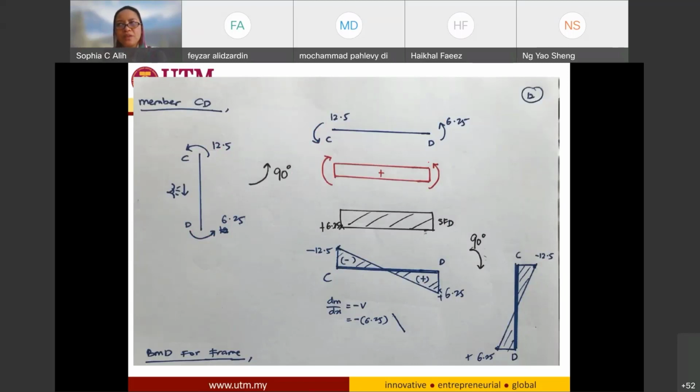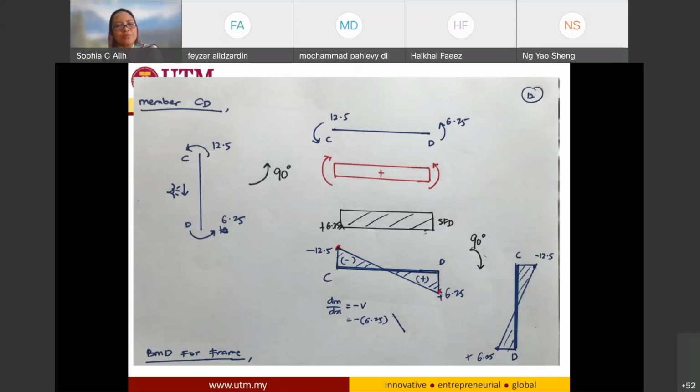And my guidance for moment diagram is positive upper smiley face. So this one is a different direction, opposite direction, so it's going to be negative. Negative is on the upper part of my diagram, negative 12.5, and this one is the same direction, so it's going to be positive. Positive is on the bottom part of my diagram, so it's going to be 6.25. So I have negative 12.5, positive 6.25.